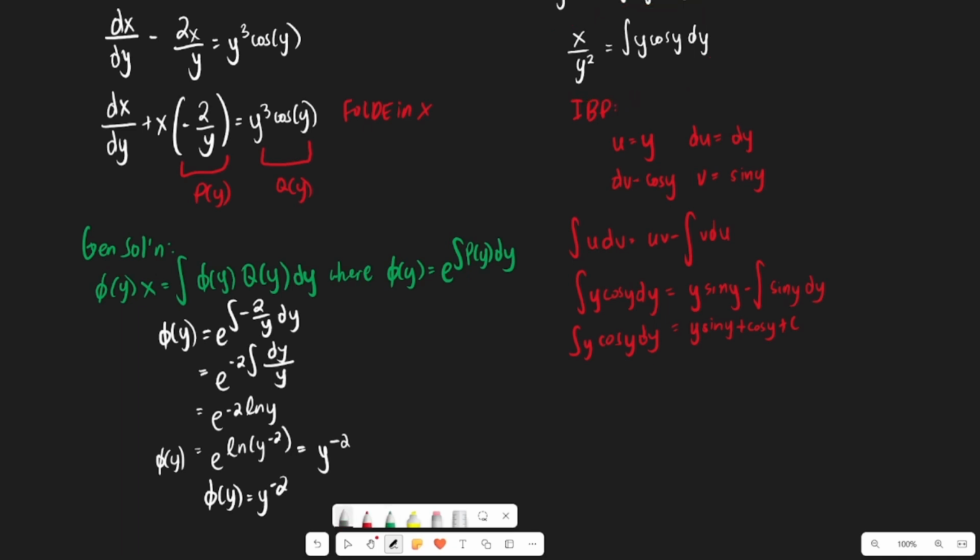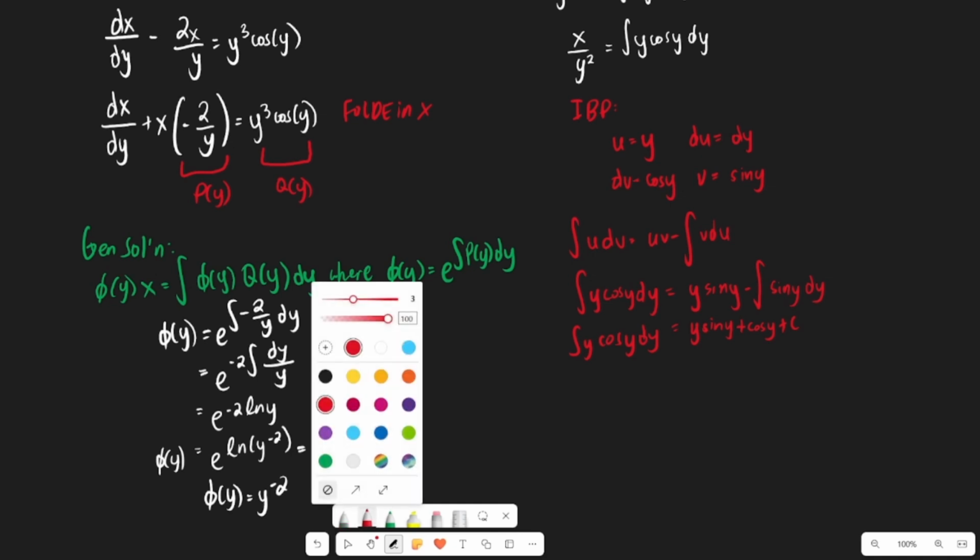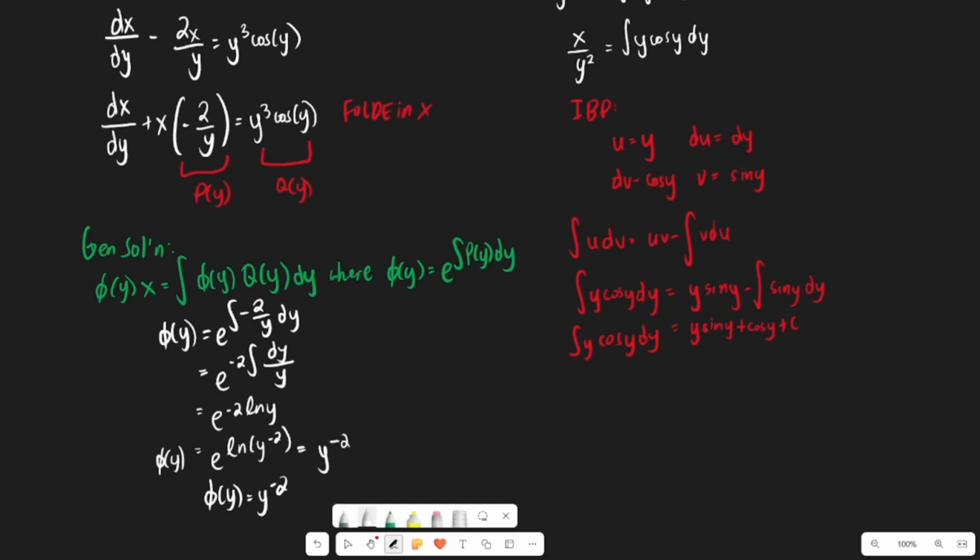So let's go back to the general solution. We have x over y squared is equal to the integral of y cosine y dy, which is now y sine y plus cosine y plus c.